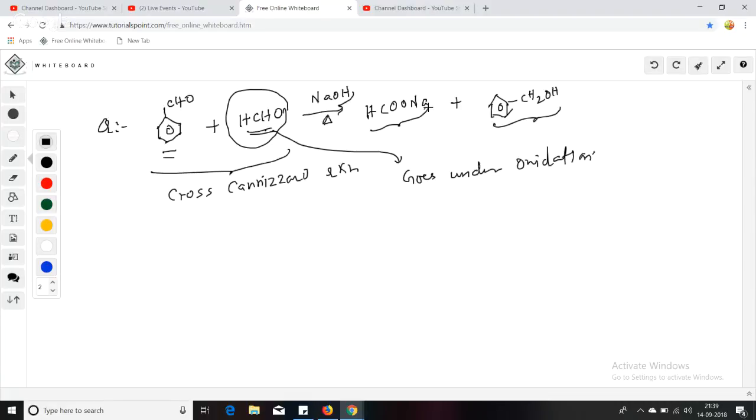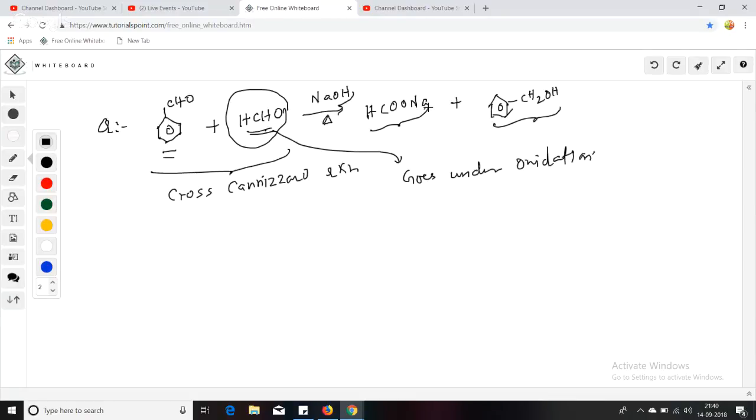This question was also asked in the JEE exam. So you can see how important the Cannizzaro reaction and aldol condensation are. Now we're moving forward.